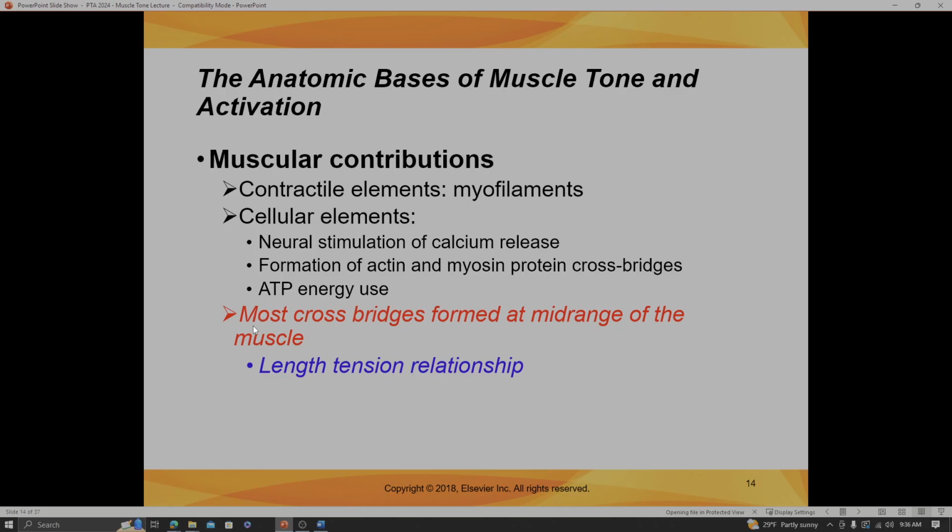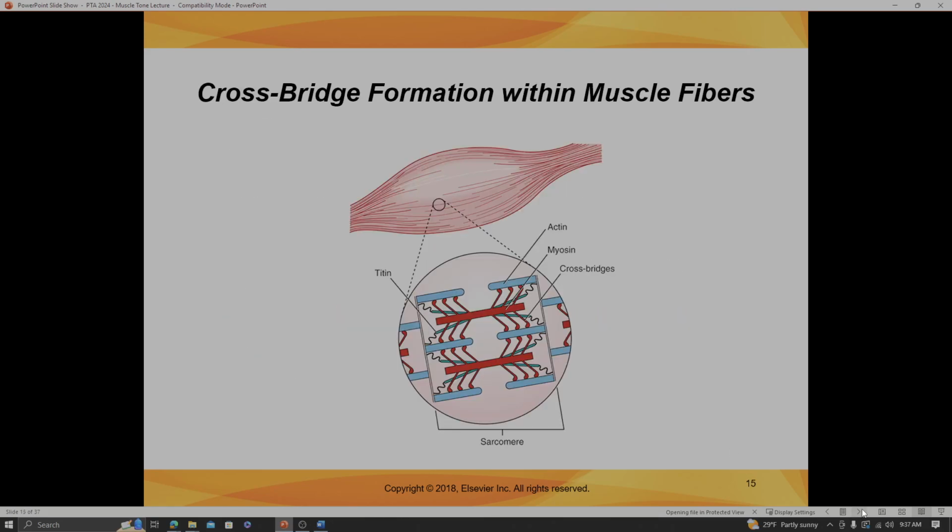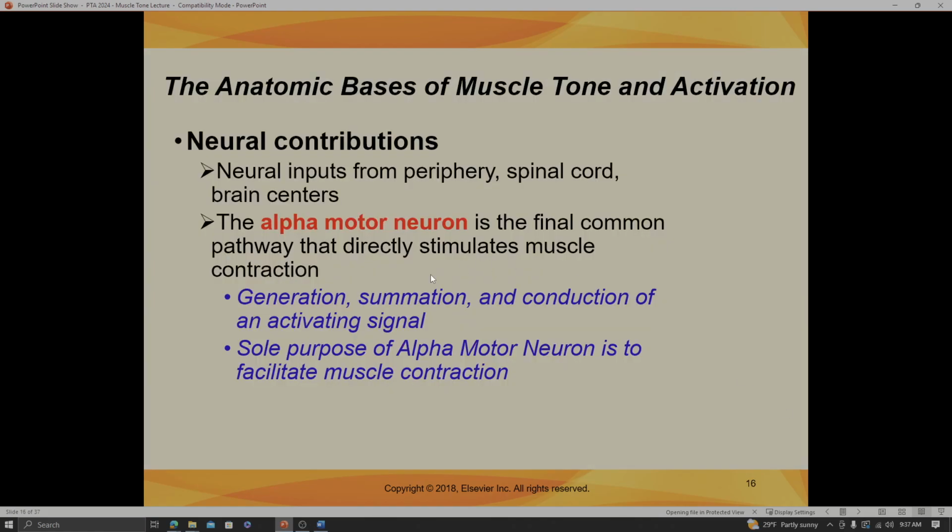We're going to have the most available actin and myosin cross bridges formed. It's going to be in its happy place. And because of that, its ability to generate strength and force is going to be maximized, right? So think of our curve. Remember our length-tension curve. Bring that back. Okay, there's actin, myosin. Revisit some of the anatomy behind that.